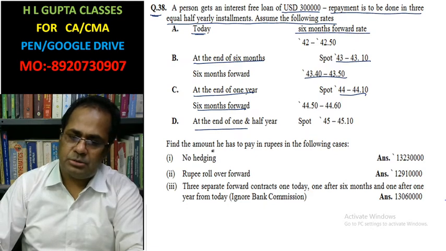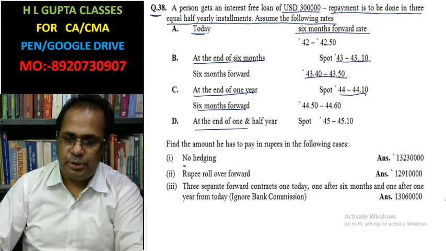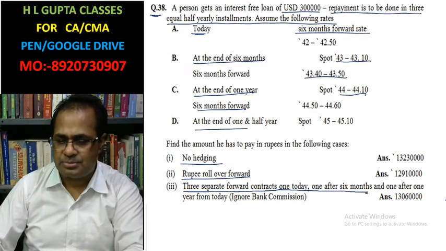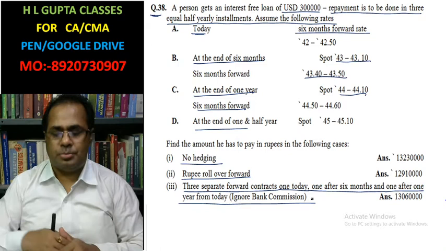Find the amount to be paid in rupees in the following cases: no hedging, rupee rollover forward rate, 3 separate forward contracts, one today, one after 6 months, and one after 1 year from today. Ignore the bank commissions. Okay beta, I am going to solve this question.